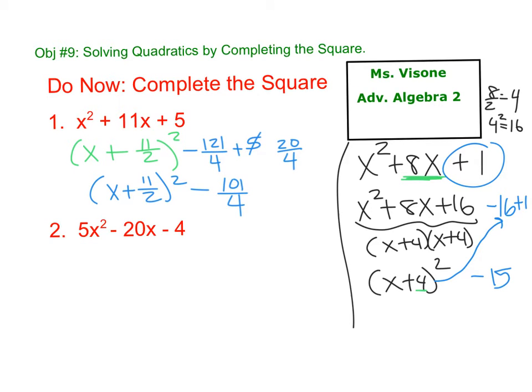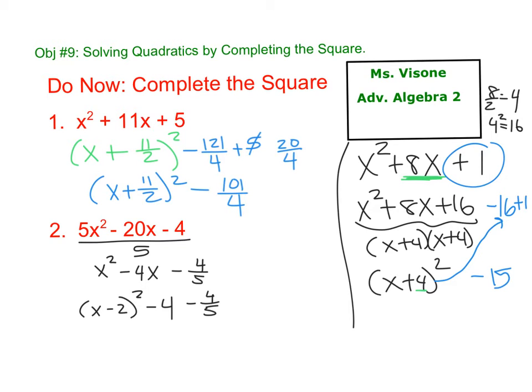All right, number 2. Divide by 5: x squared minus 4x minus 4 over 5. So this one's not so bad. This becomes x minus 2 squared. I have an extra 4 in the problem, so I subtract off the 2 squared, minus 4 over 5.